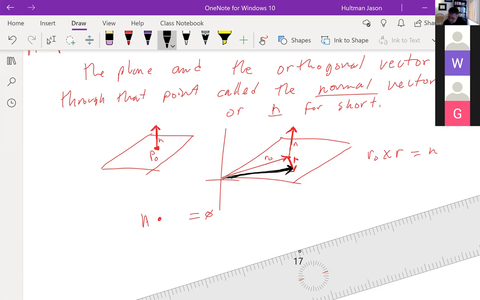Let's think about this for a second. That's a triangle that I created, head to tail.